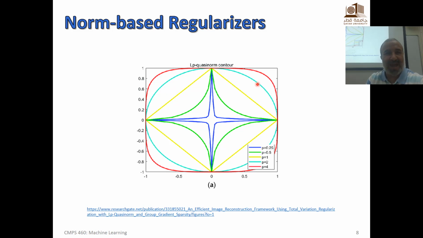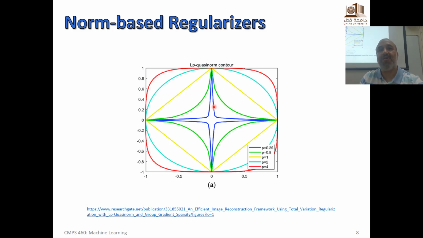Anyway, this color, this is a circle. P is 2. This is the one that we saw on the left in the previous slide. This is when P is 1. This is when P is half. You see it's sharp. This is when P is 0.25. Even sharper.